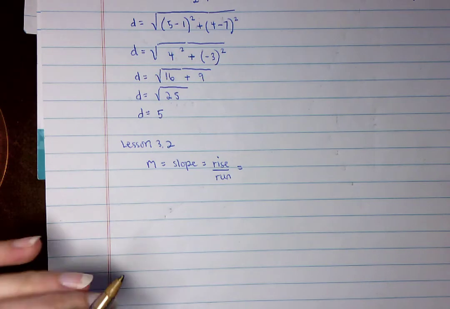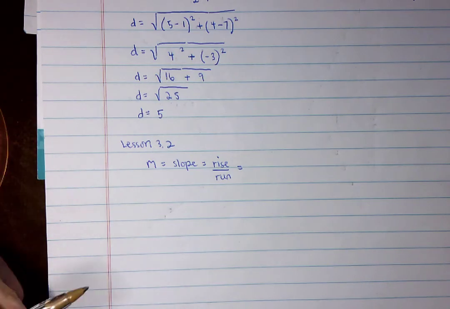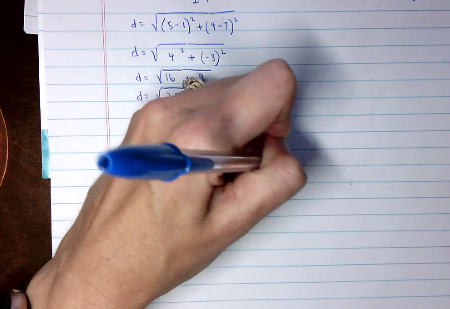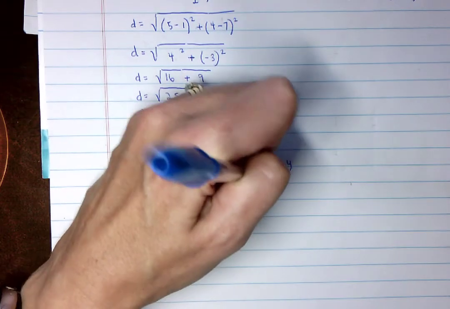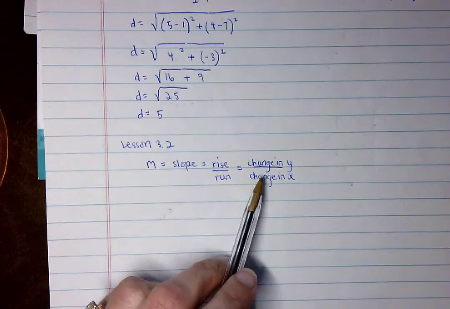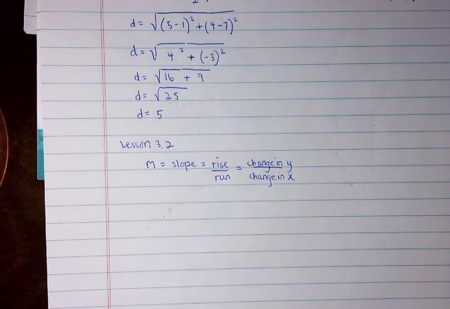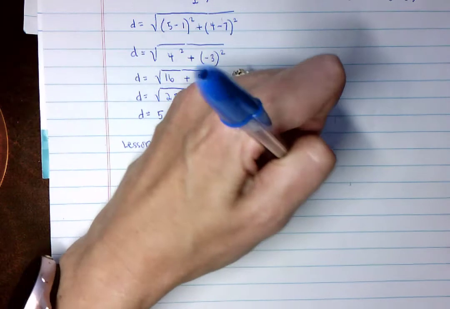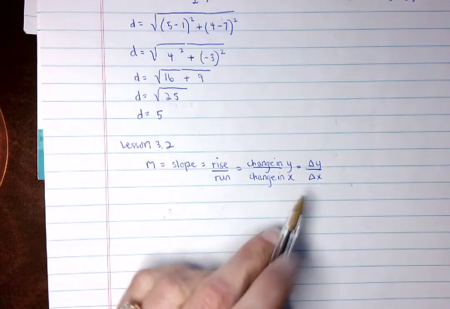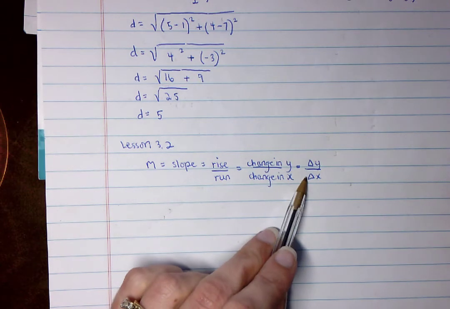Another notation that you might have seen in science class is the change in y over the change in x. And sometimes they use delta y and delta x, that little triangle. So this is like a science notation, delta y over delta x.